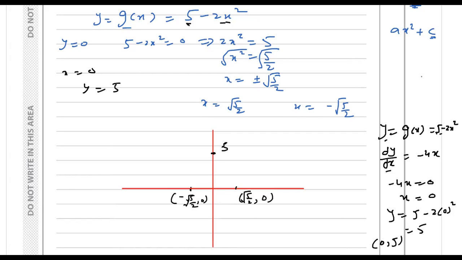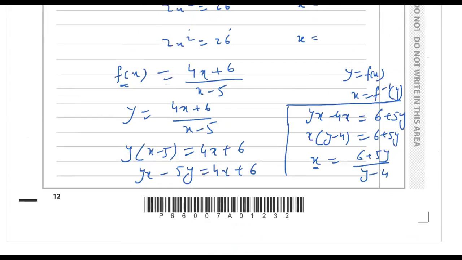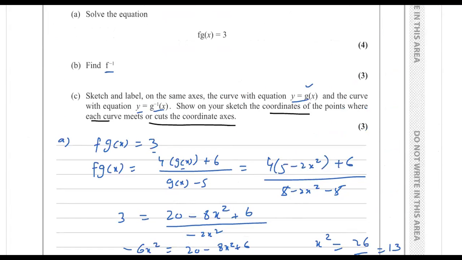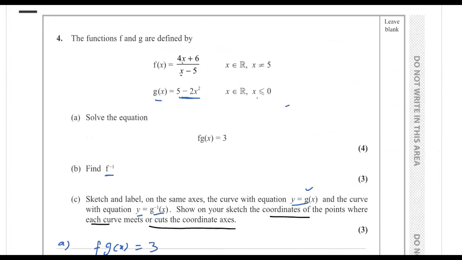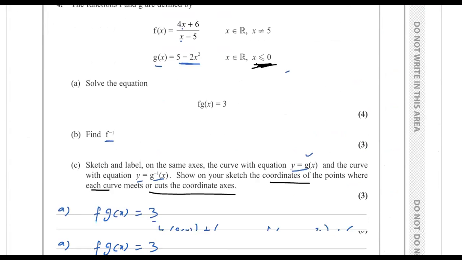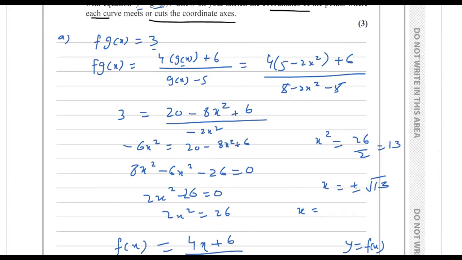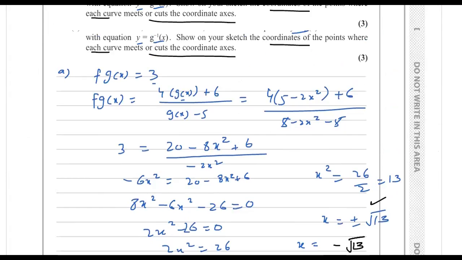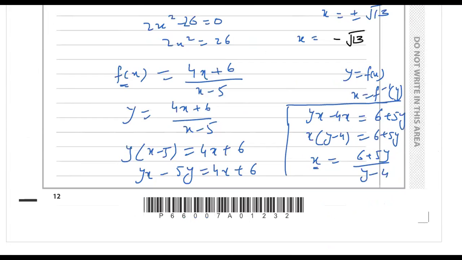And one more thing, there is a condition given here that for g of x, x is less than or equal to 0, meaning you will just take the negative part. You will not take the positive part. Even in the first part when we found the intercepts, we will just keep the negative value and ignore the positive value.